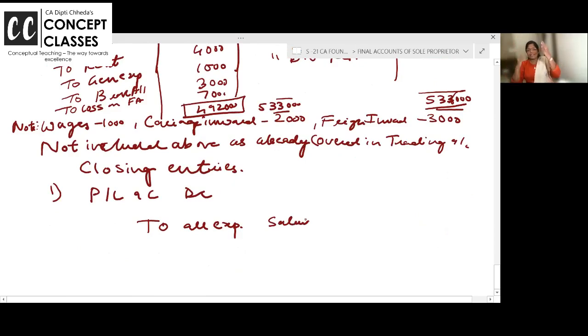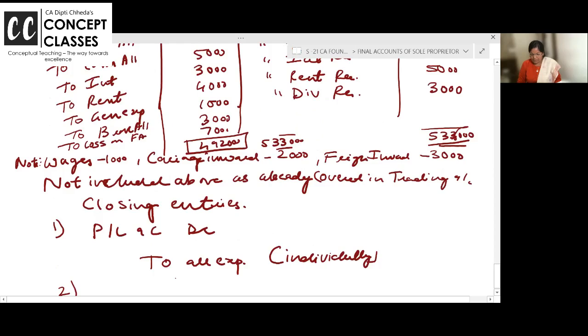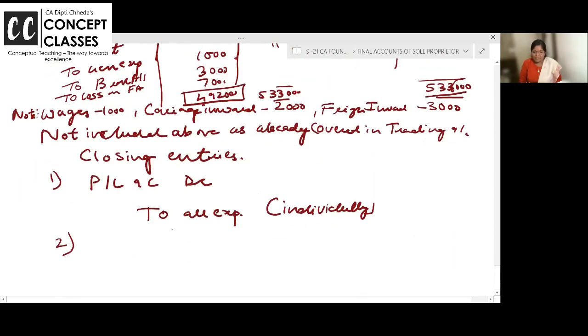All your debit side expenses, what is the nature of expense? Debit. So credit all expenses and debit P&L account individually. Write individually in brackets. अभी हम नहीं लिख रहे हैं. Second, this is P&L to all expenses.